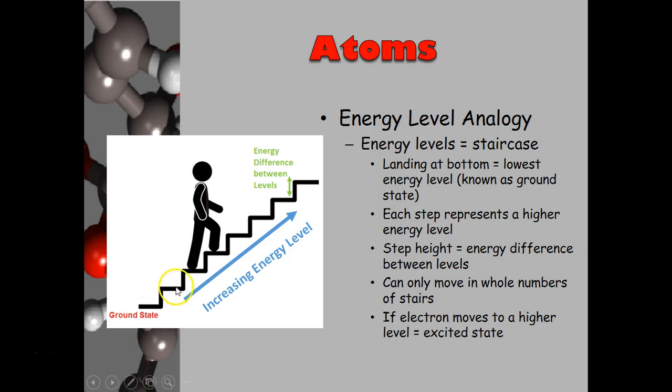If I go up a level, I'm now going to have to increase my distance a little bit, increase the energy that I need to stay in orbit. Same thing here. A little bit more energy because I've got a slightly bigger orbit to maintain. So every time I go up a stair, I'm increasing the energy that it takes to get there.